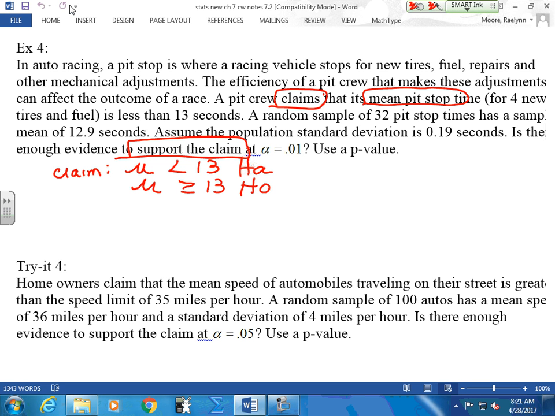Is my claim my HA? I'm on track because I'm supporting my claim. So my claim has to have the word support. It has to be an HA. Now, from here, I'm going to make a sketch. I'm going to see what tail this is. My tail follows my HA.